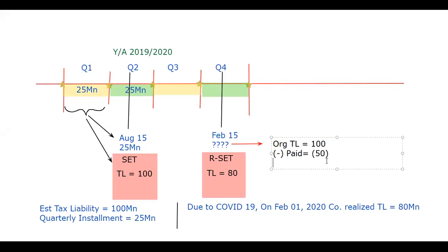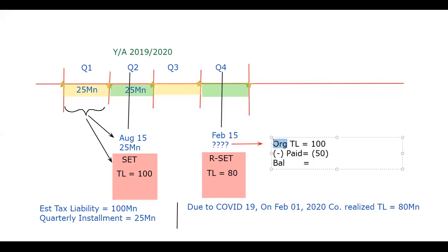You paid 25 million in the first quarter and 25 million in the second quarter. Then the balance amount is 50.